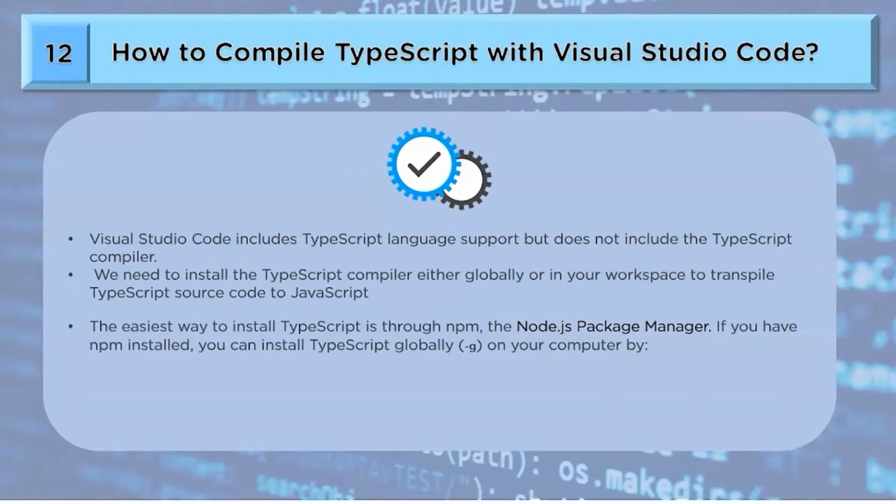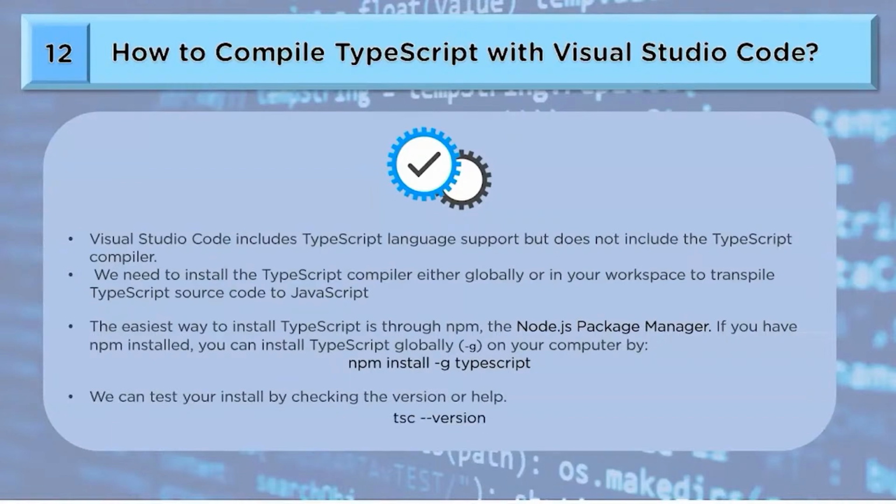If you have npm installed, you can install TypeScript globally on your computer by using this command, npm install -g typescript. We can test the installed TypeScript by checking the version or help. For this, run the command tsc --version.